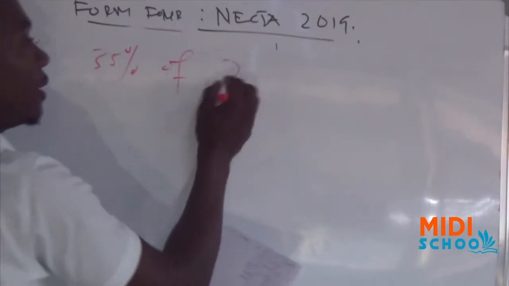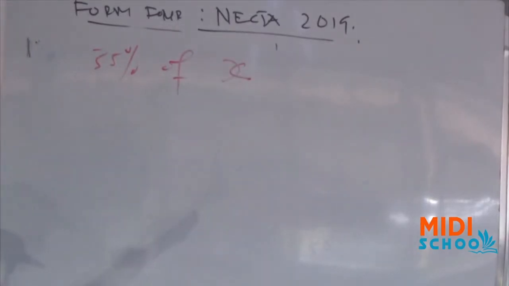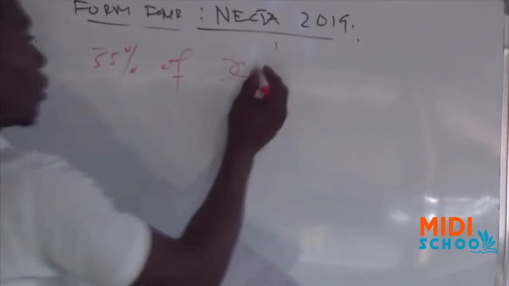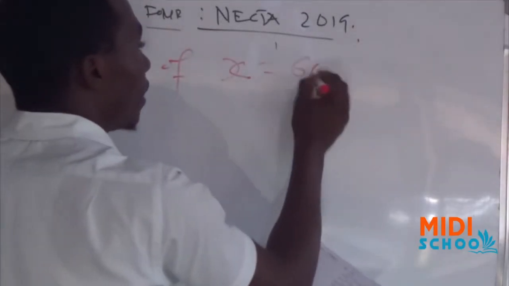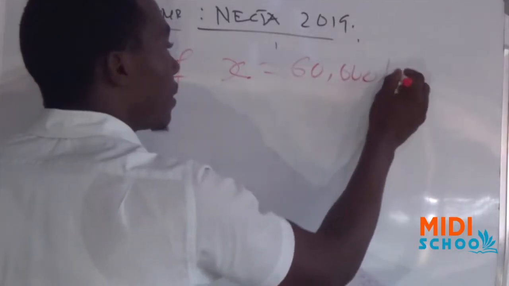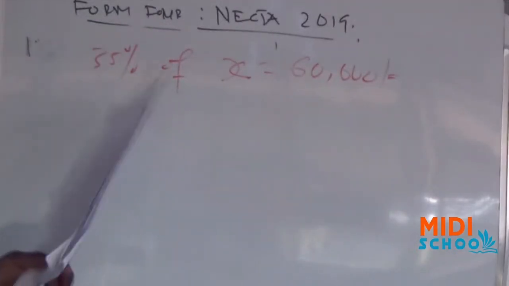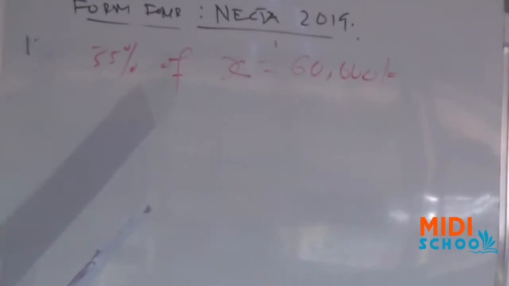Let's call it X. This X represents the total amount of money that she was given, which is equal to 60,000 shillings. She spent some amount to buy shoes.